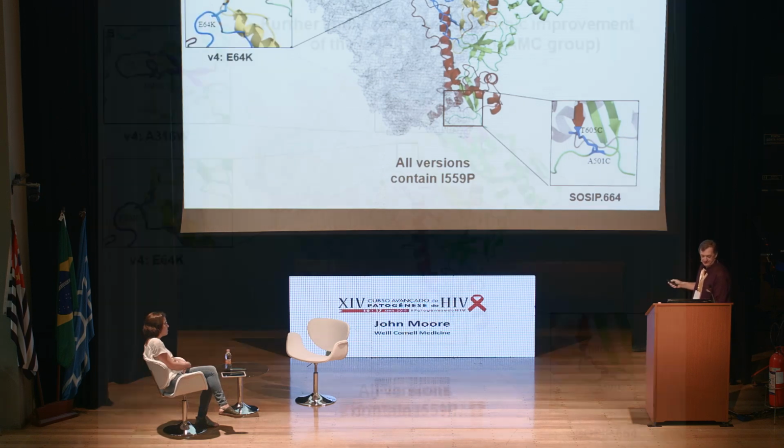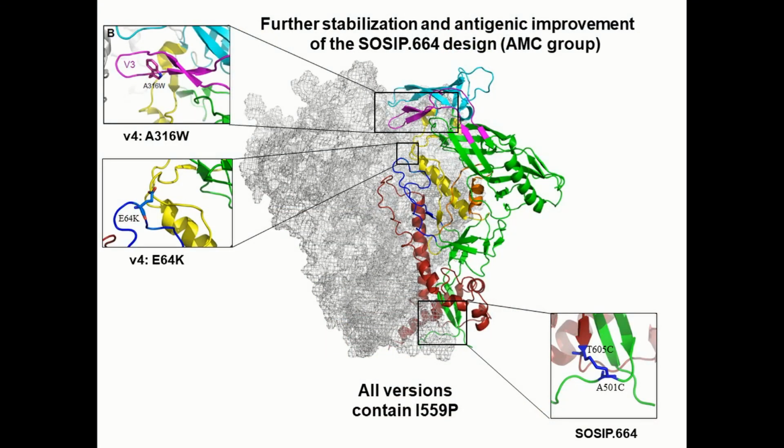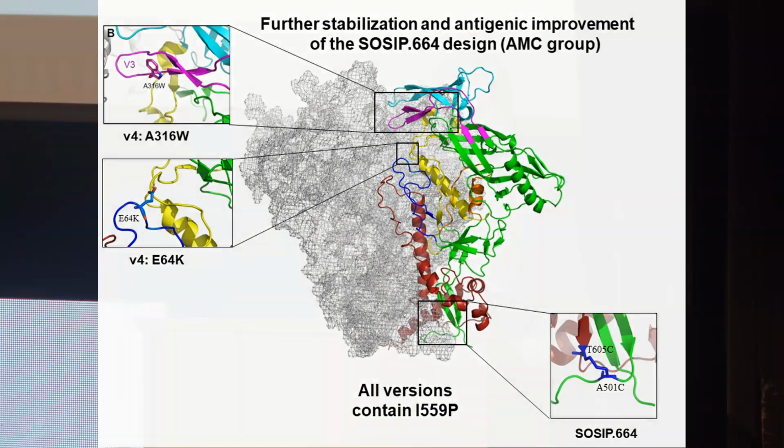We can add additional stabilizing mutations here in V3, here in C1, and they further stabilize and antigenically improve the original version. So we can use the structure to make new design improvements that make a better version of the trimer. So it's a sort of cyclical process.